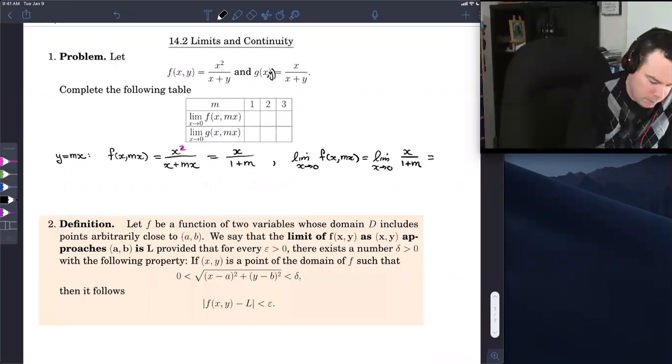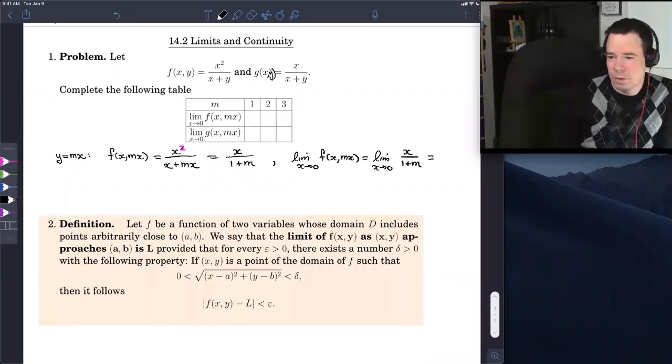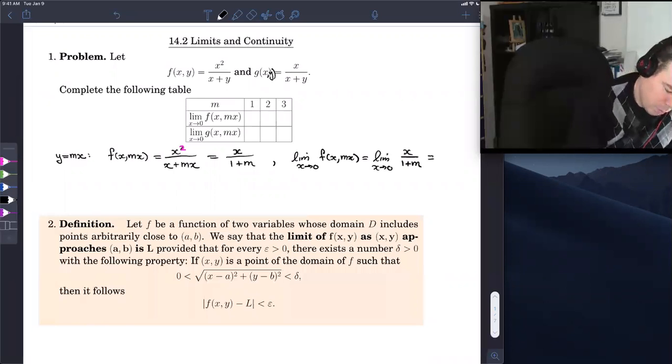Because m is some fixed number, we're going to look at it in the table above for either m equals 1 or m equals 2 or m equals 3. But for any number we put in there for m, the limit as x goes to 0 is going to be 0. This is for any m. And so this is going to be 0, 0, and 0.